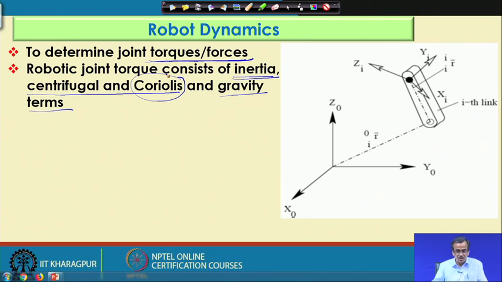Now, this Coriolis component will come whenever there is a sliding joint on a rotary link. Let me try to prepare one very rough sketch for that, just to explain the concept of this type of Coriolis force.